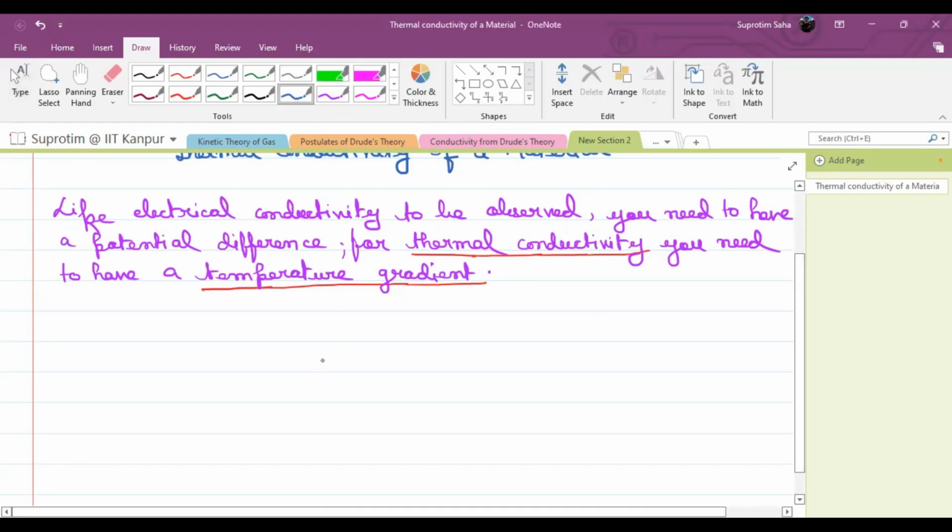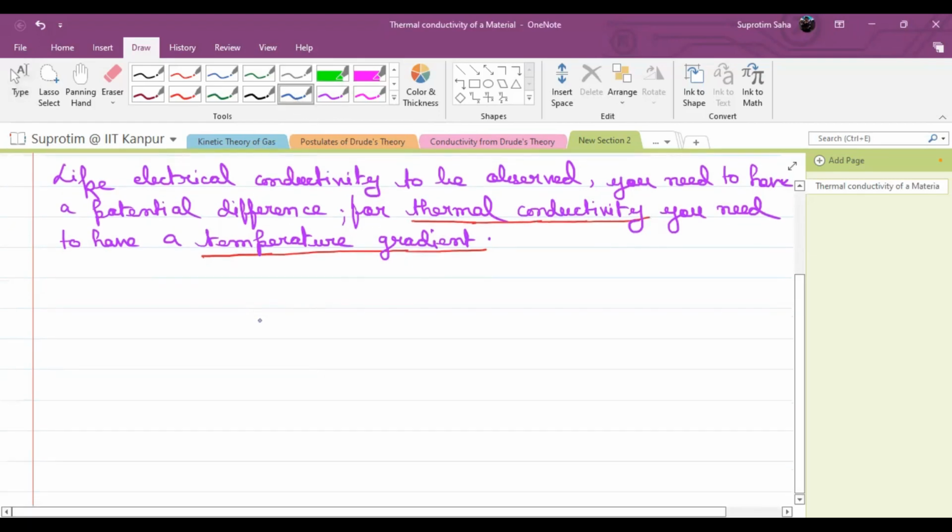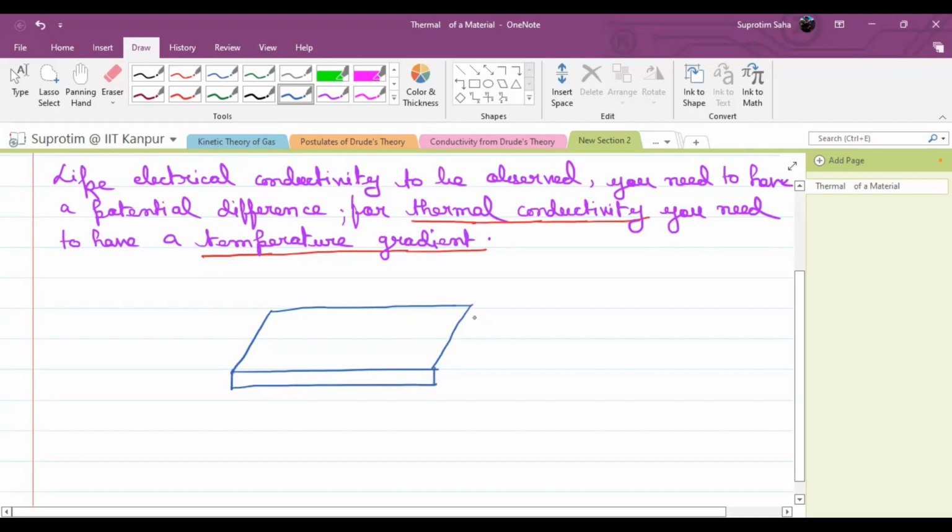Now think of a sample. This is your sample, a 3D sample, whose one end is hot and the other end is cold.